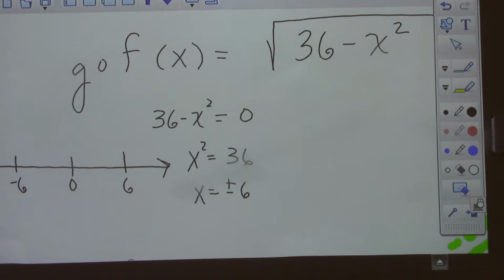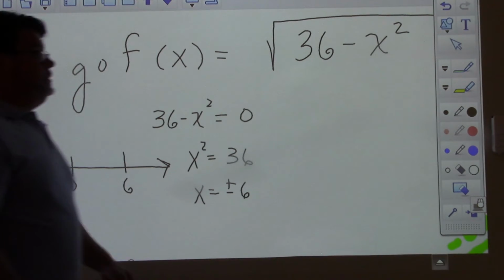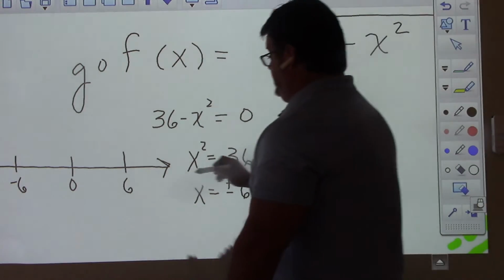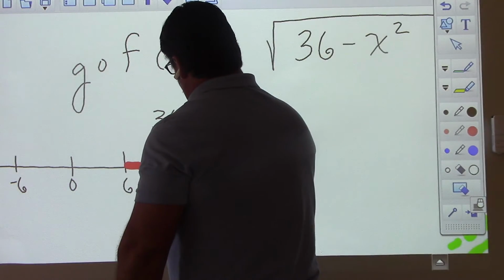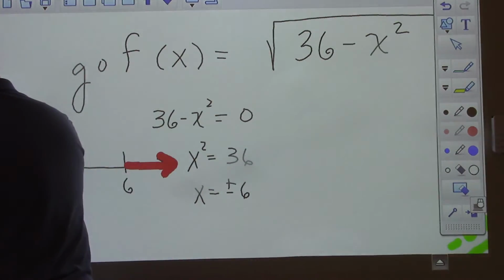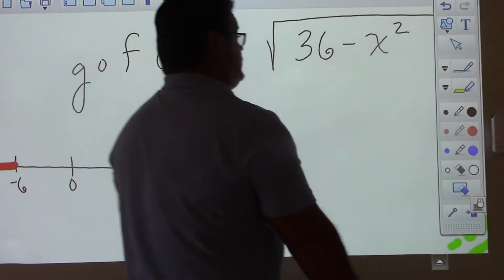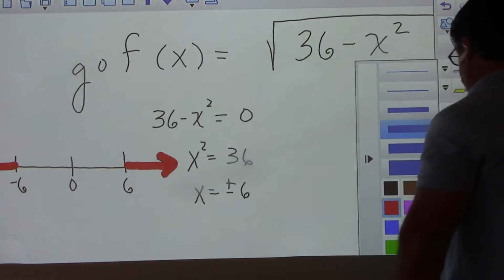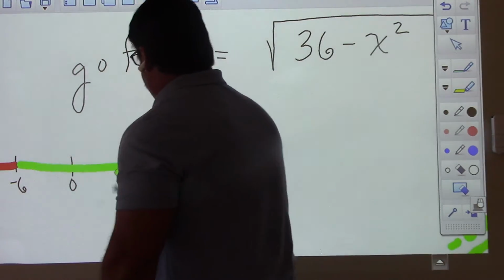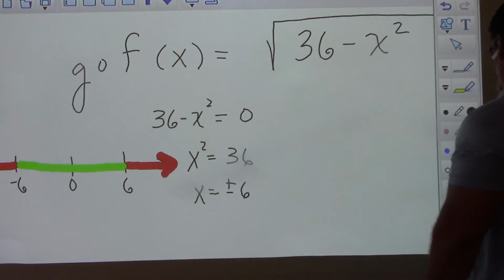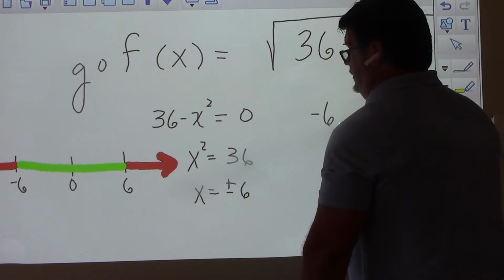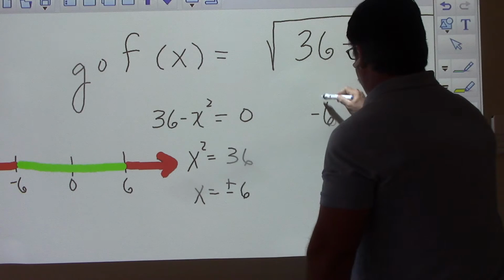And 0 would give you, so it'd be the same. So take your green marker or red marker, and that would be that. And the other side. And then the green would be in the middle. So the corrected domain for the first one would be negative 6 to positive 6.